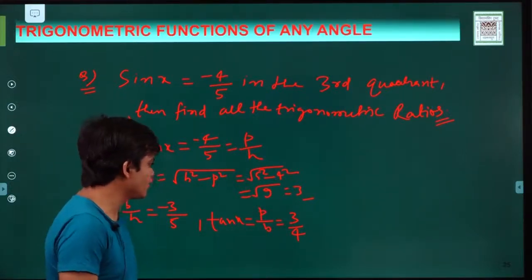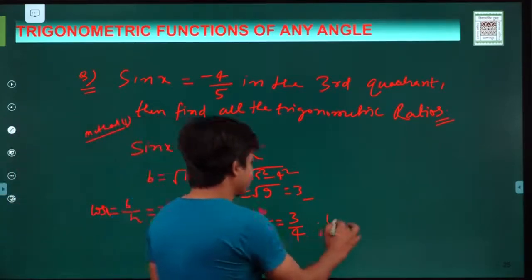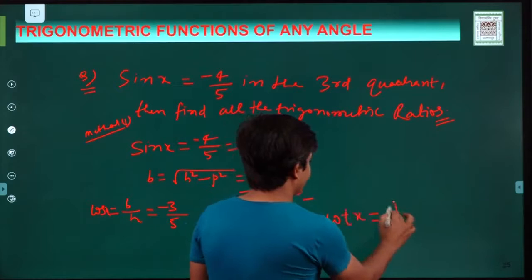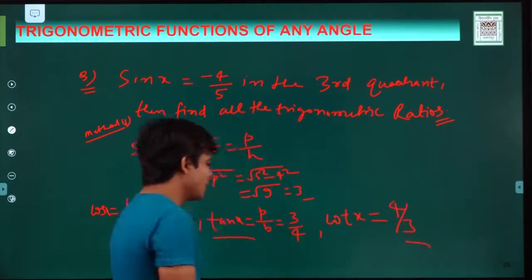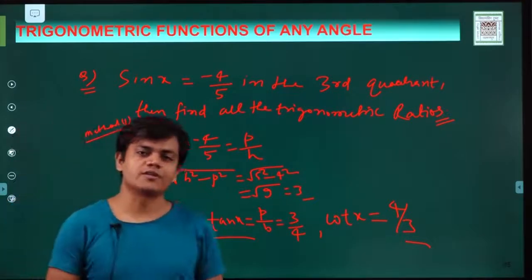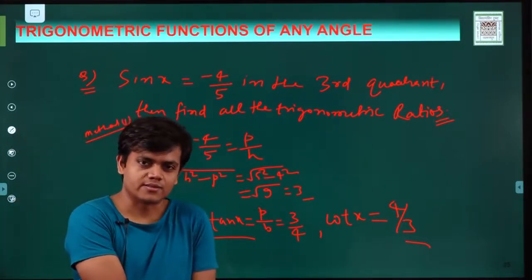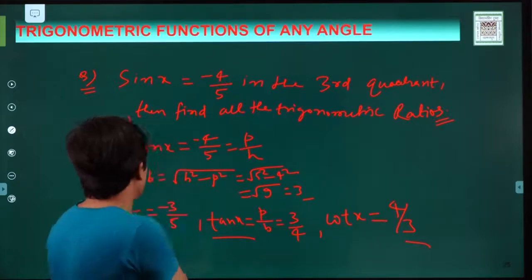Therefore, yes, 4 by 3 is your answer. Again, for cot x, in the third quadrant, it will be 3 by 4. And because we know the sign of trigonometric ratios in all the quadrants, we can say these things easily.